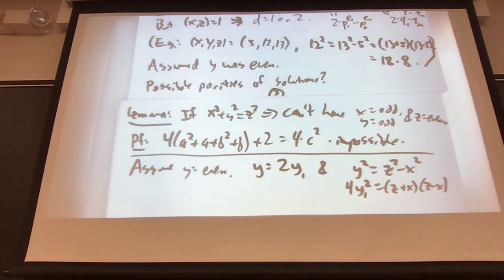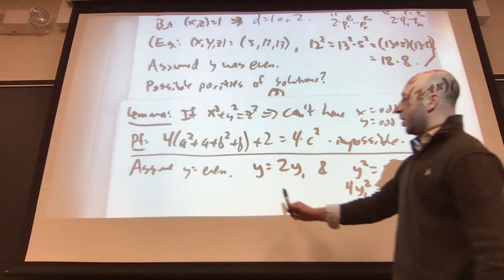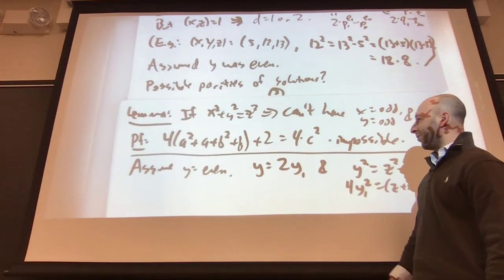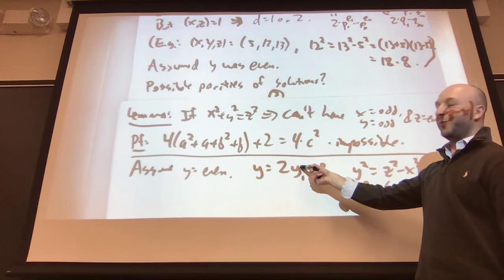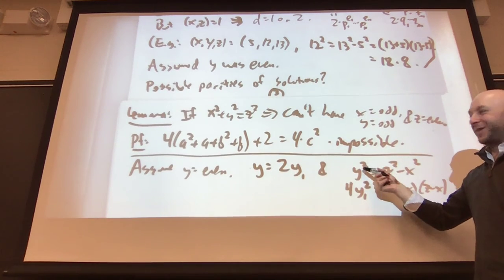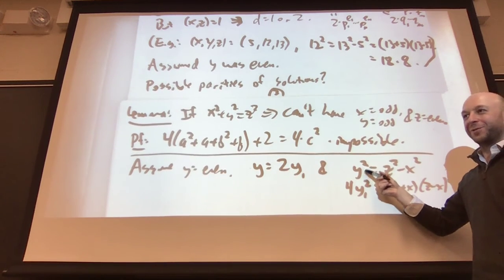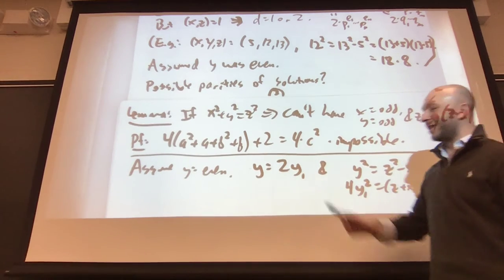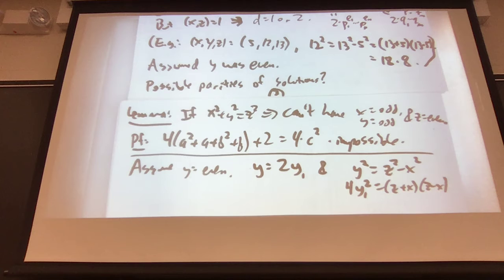Question? If y is even, then y is equal to 2y1. That's meant to be a 1. I would put a prime, but we have a lot of squares, and primes and squares start looking like 12s, or you have to put a million parentheses. So I just put it as a subscript. Is that okay? To call the variable y1? That's not going to confuse anybody?